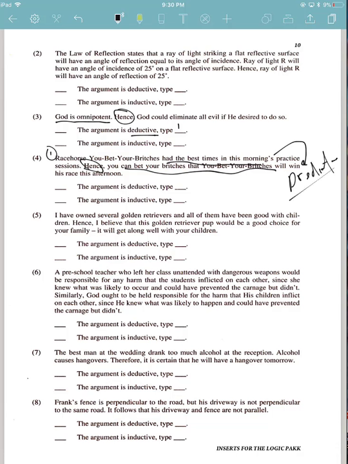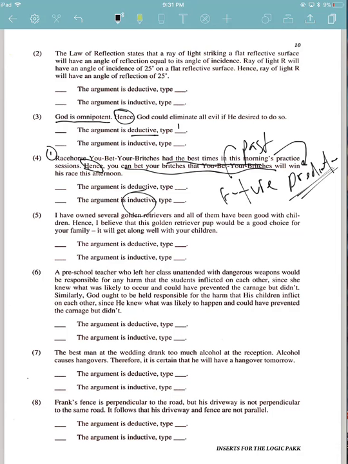It's not a generalization because you're not going from a sample to a whole. You're making a prediction, from the past to the future. So we know it's inductive, and in this case, it would be a prediction.